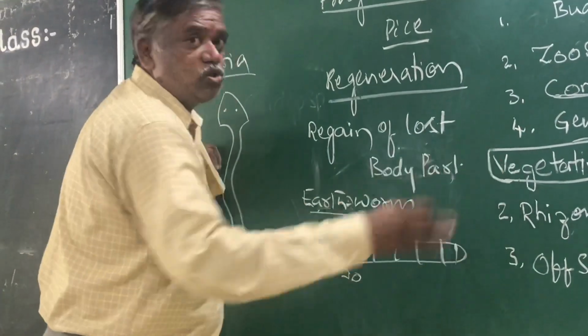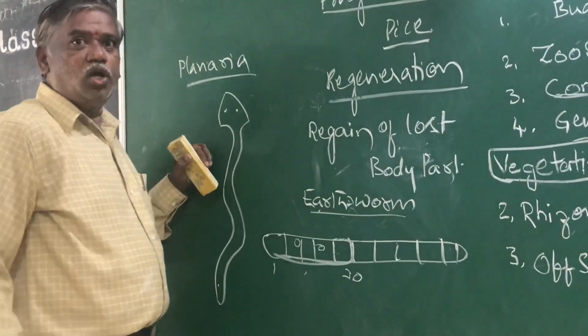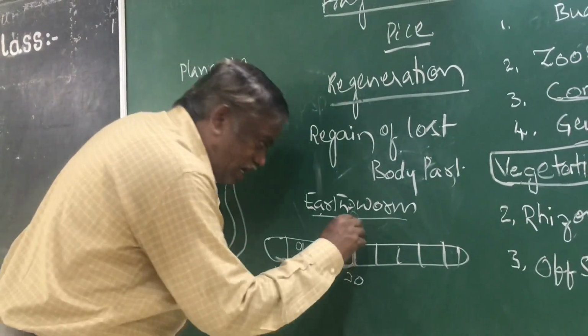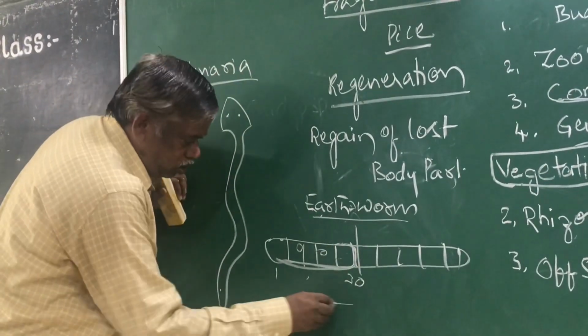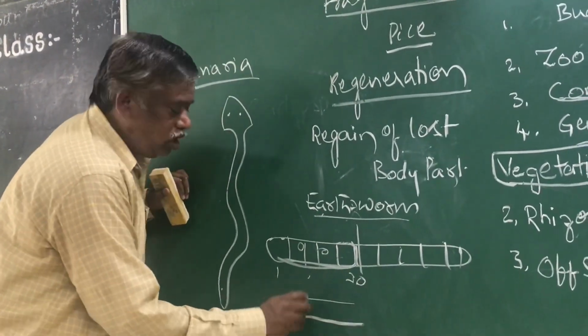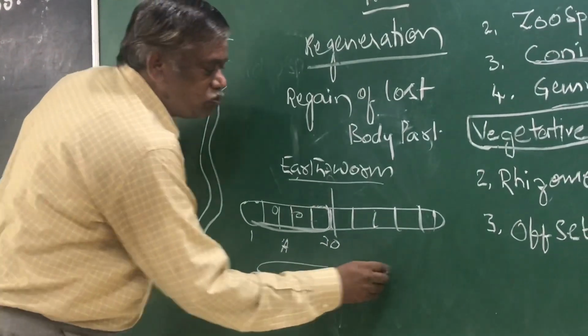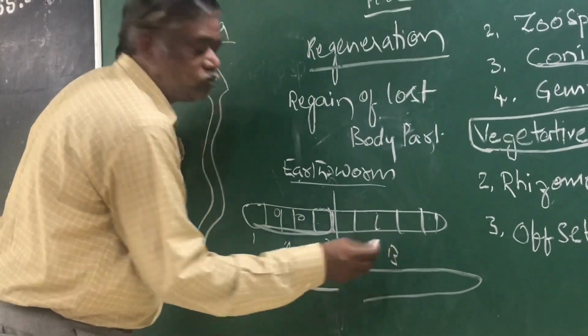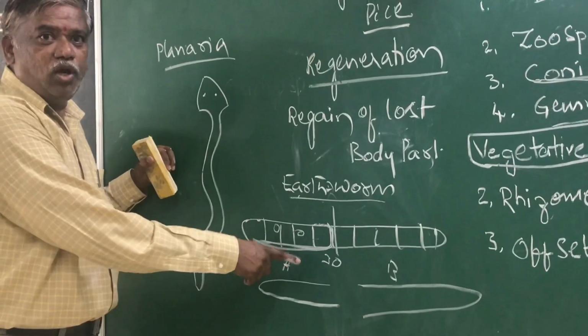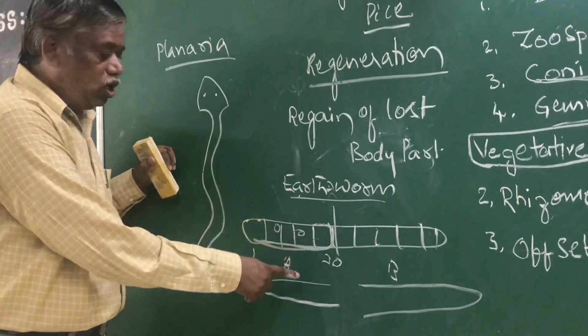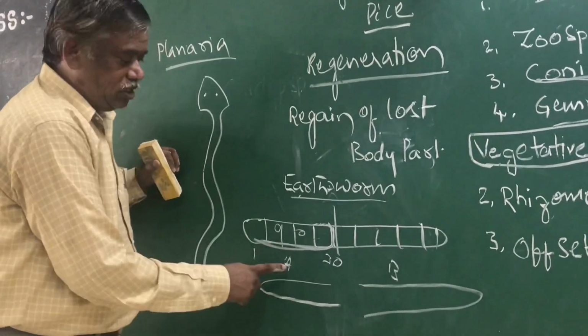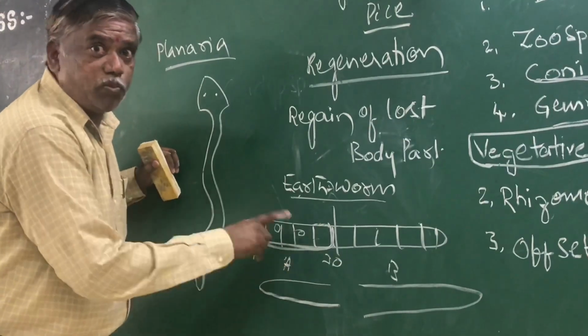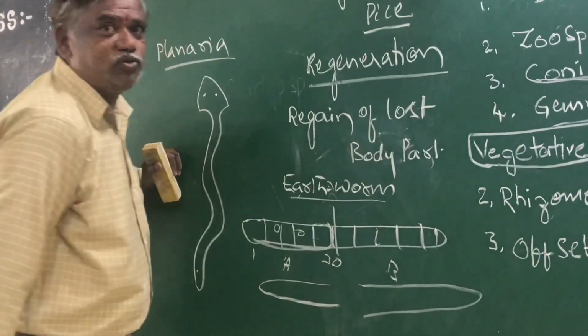After 30, there is no reproductive system. Suppose you cut the earthworm at 30 segments. Now there is a body part A and a body part B. That means when you cut the earthworm body, you get two parts. A has the reproductive organs, B is without reproductive organs.